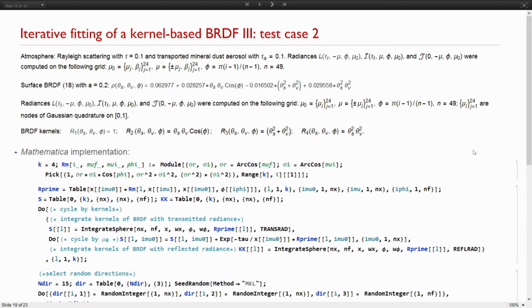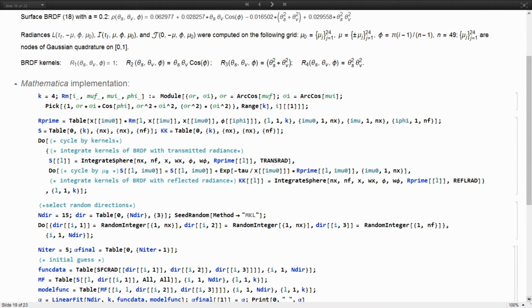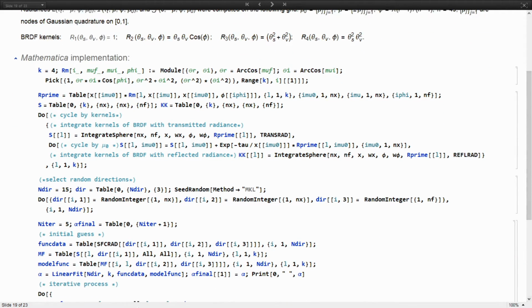So this code basically sets up everything, chooses random directions, and thus pretends to simulate actual measurements.